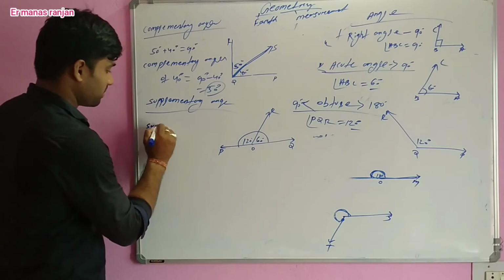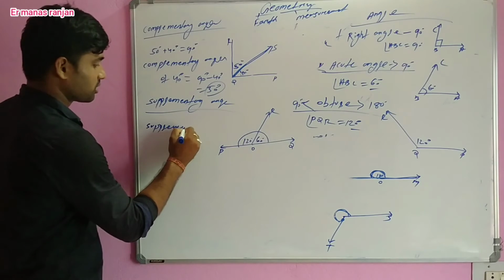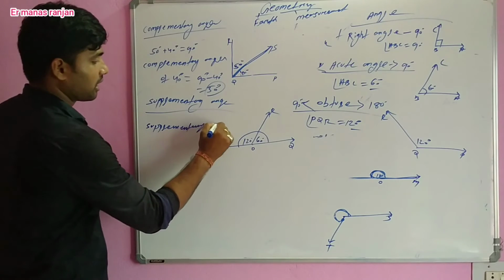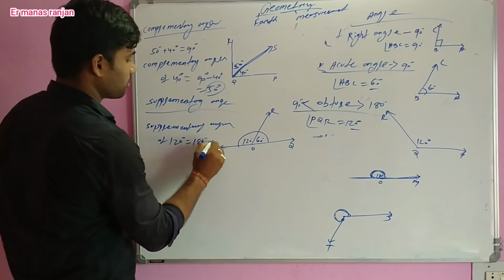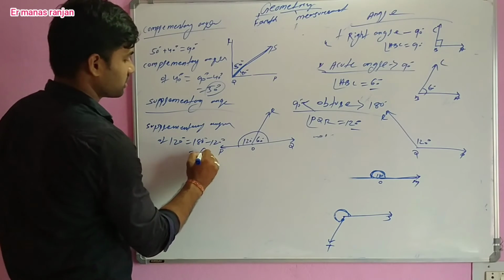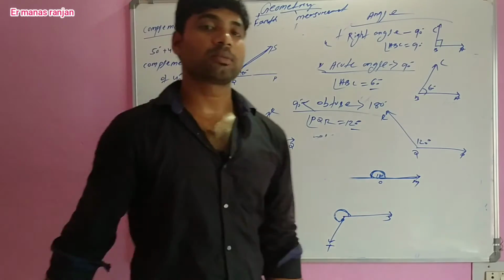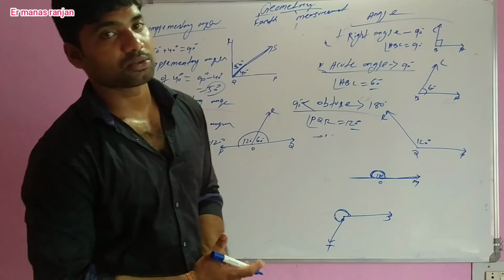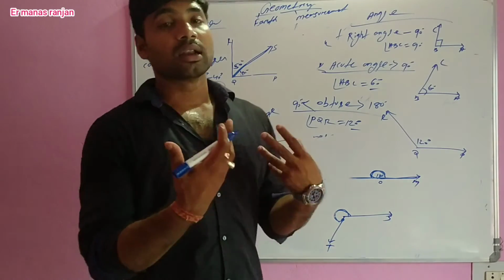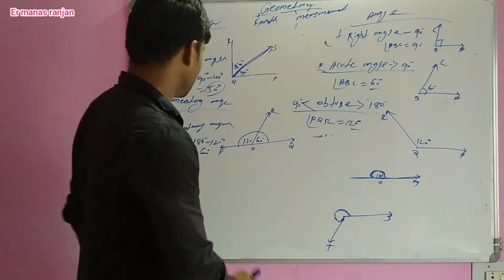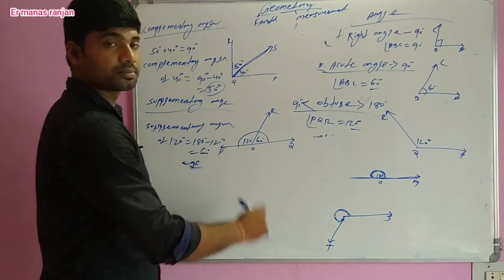So the supplementary angle of 120 degrees is 180 minus 120, which is 60 degrees. The supplementary angle of 130 degrees is 180 minus 130, which gives 50 degrees. The supplementary angle of 90 degrees is 180 minus 90, which is 90 degrees. Okay, understood?